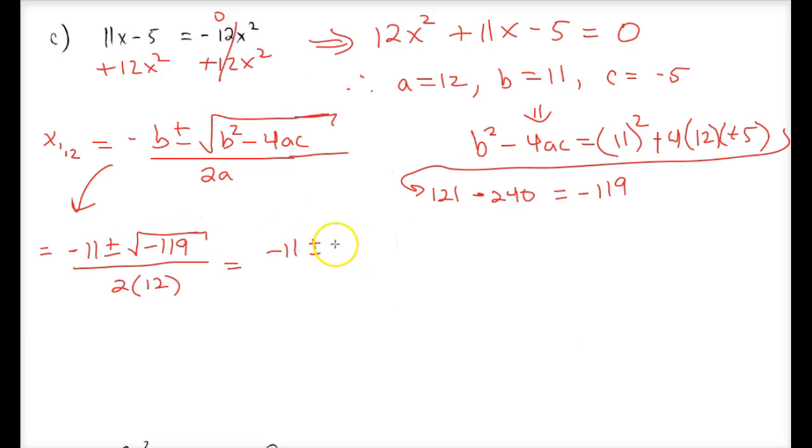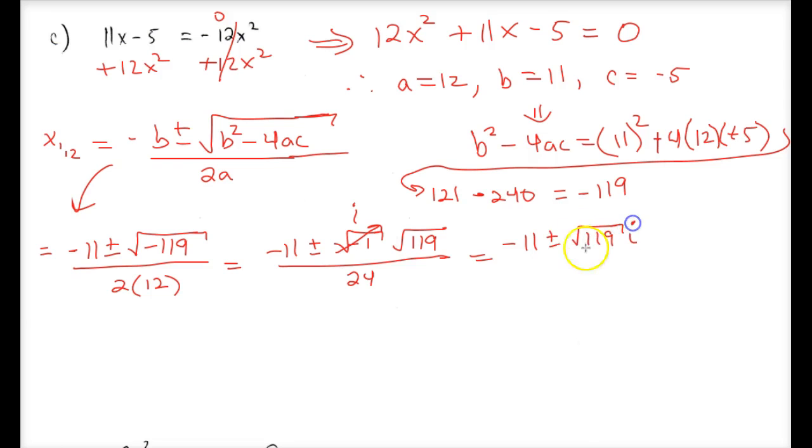We can break this down as square root of negative 1 times square root of 119, all divided by 24, because 2 times 12 is 24. The square root of negative 1 becomes i, and we have negative 11 plus or minus square root of 119 times i, all over 24.